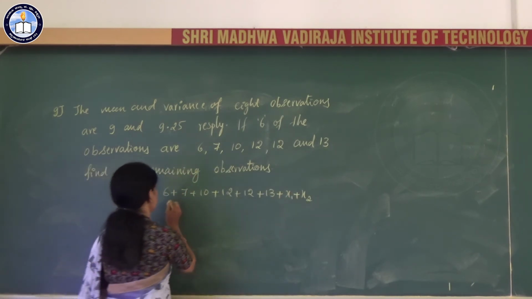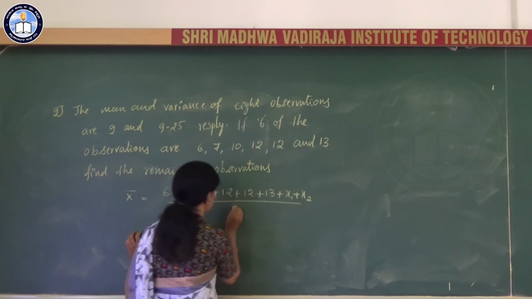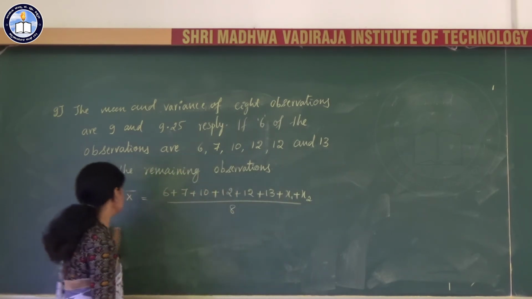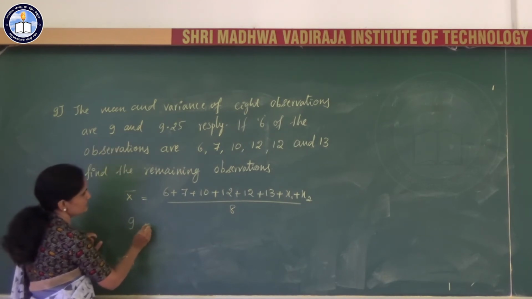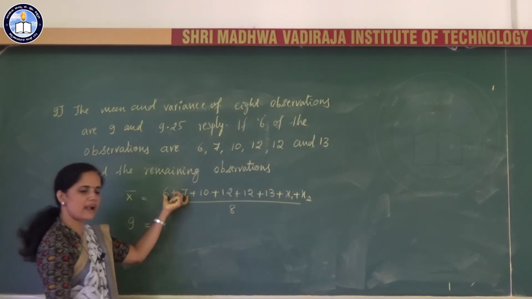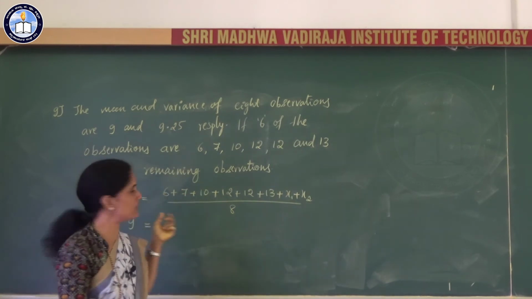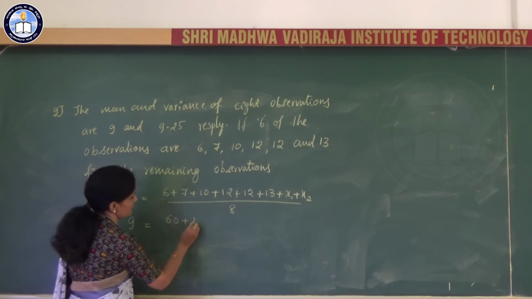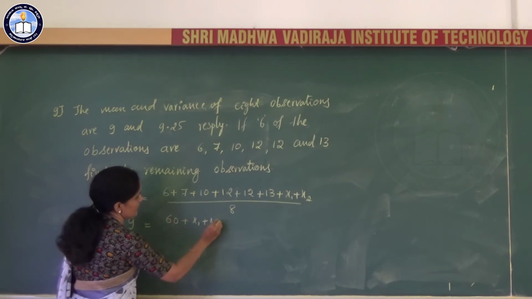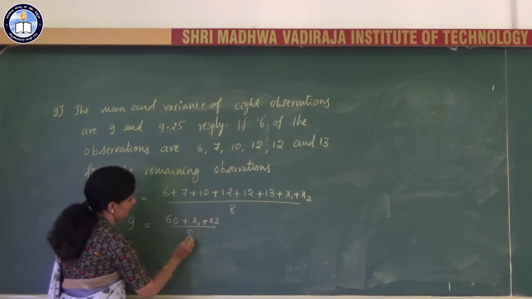Totally 8 scores are there. Therefore, we must divide the whole expression by 8. X bar is given, that is equal to 9. So 9 is equal to, if you add all these numbers, you will get 60, I think, so 60 plus x1 plus x2 divided by 8.